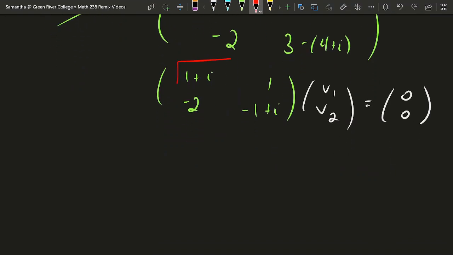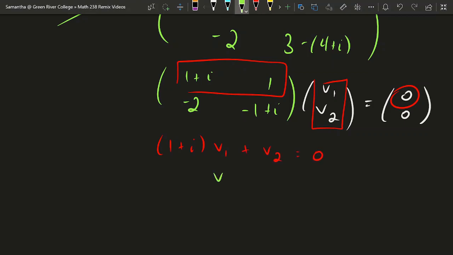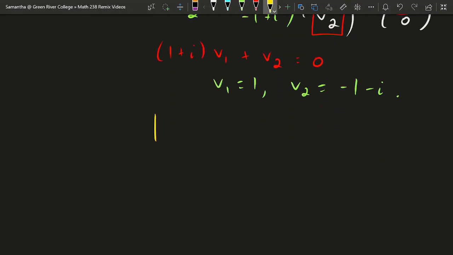I'm focusing on the top entry. And if I look at that product, and I set v1 equal to 1, then v2 would have to be the negative version of 1 plus i to compensate. So the eigenvector corresponding to my eigenvalue would be 1 in the top and negative 1 minus i in the bottom.